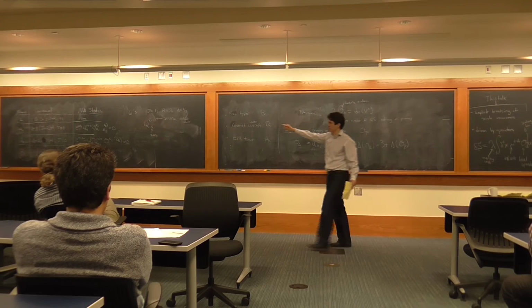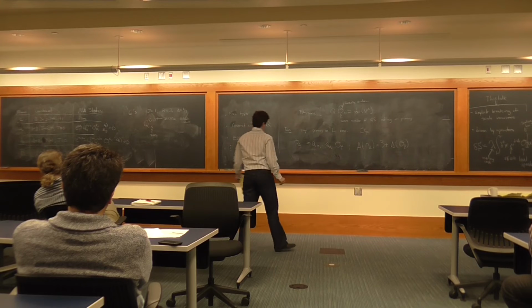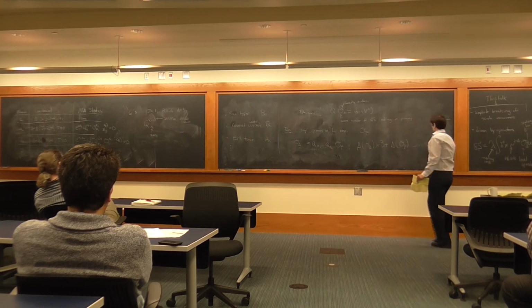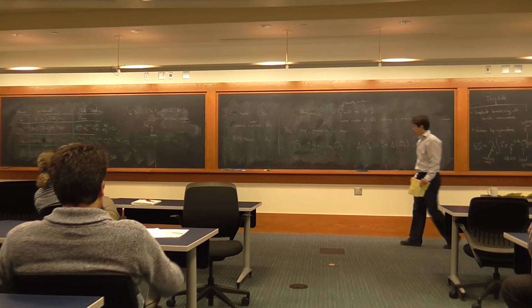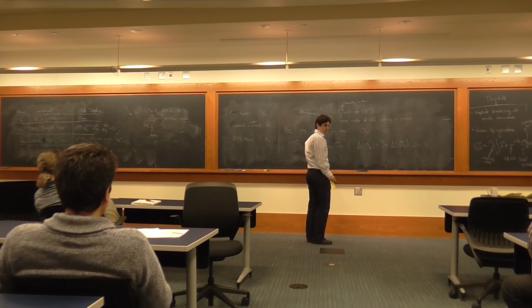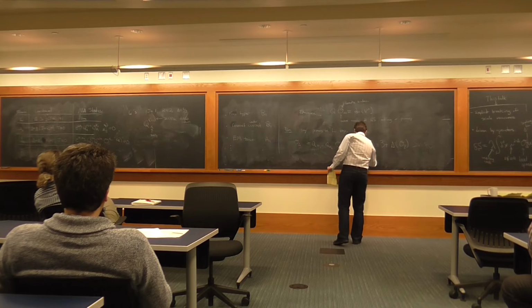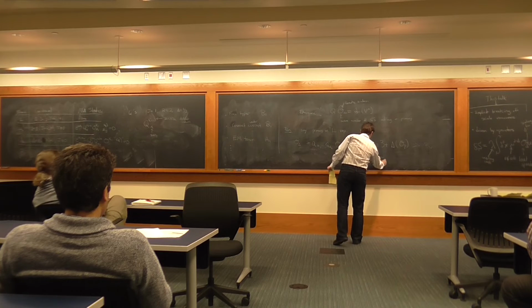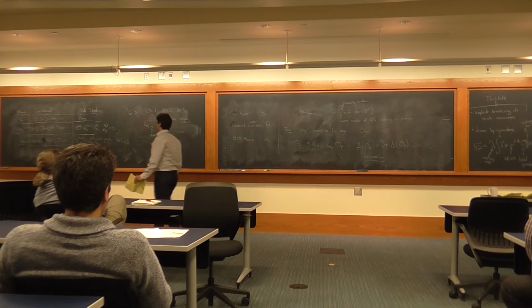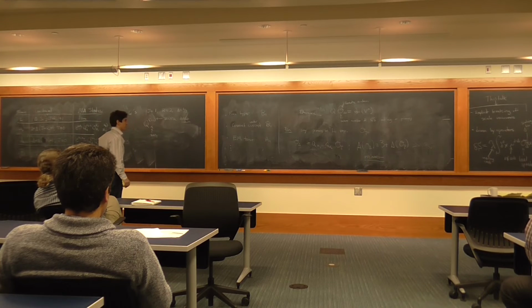And now there's an inequality here, which tells us this whole thing must be greater than 3. So this operator that we tried to add to the Lagrangian is in fact irrelevant.